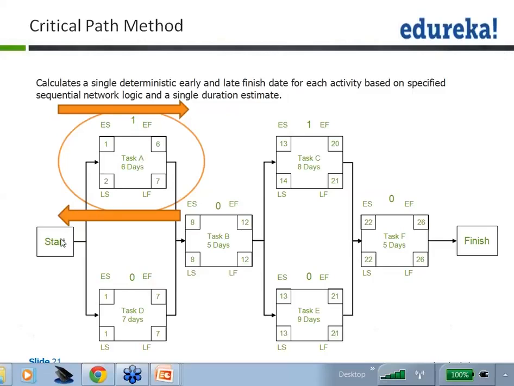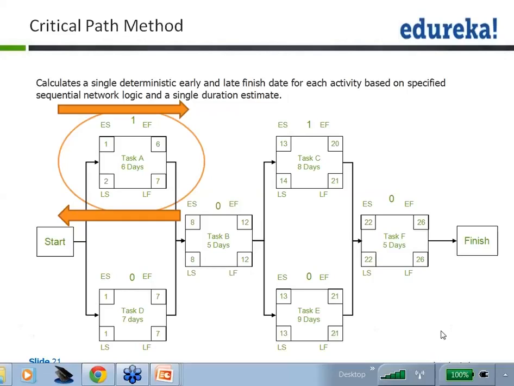The second path available for me is start, task D, task B, task E, task F and finish. So if I have to reach the finish stage, I need to complete both the sequences. That is one, and the second is start, task D, task B, task E, task F, finish.